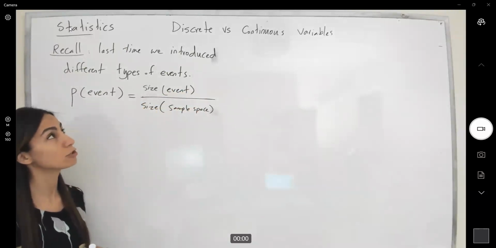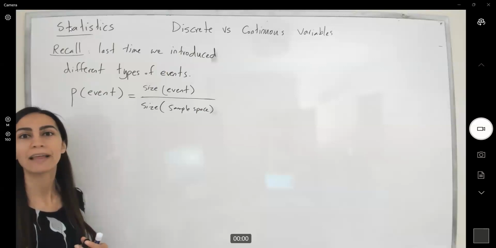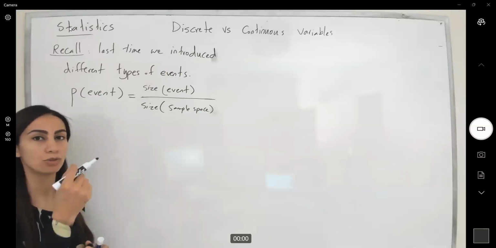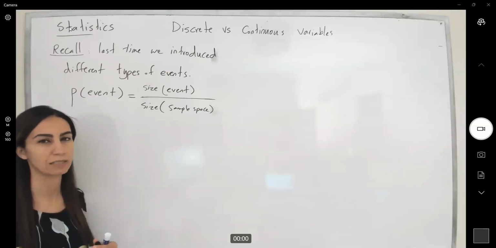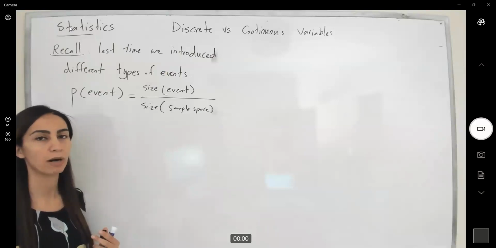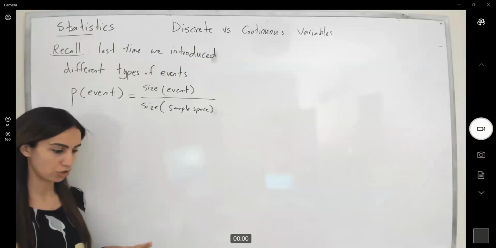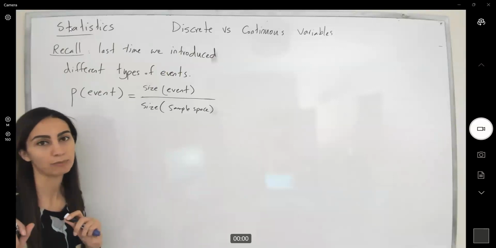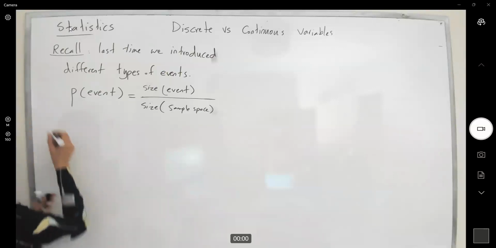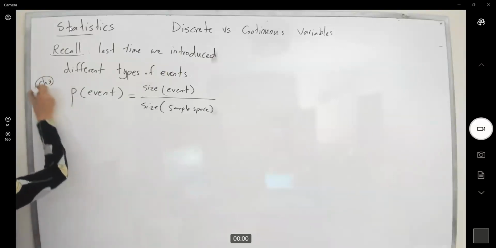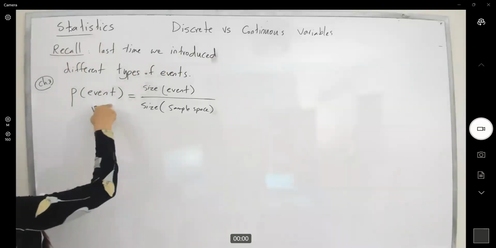Then we also said that we have some variables that we are interested in finding their probabilities. So first, we're going to divide up a random variable into two types, two classifications. Then we're going to talk about their probabilities in chapter 4 and in chapter 5. It was chapter 3 that we talked about the probability of an event.